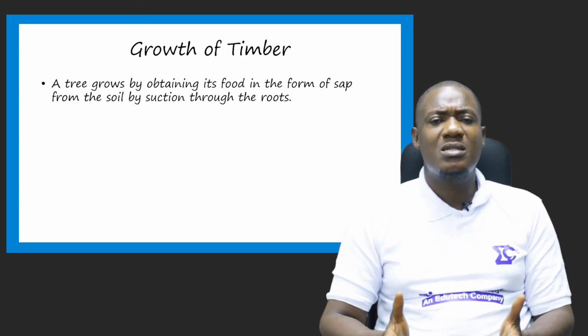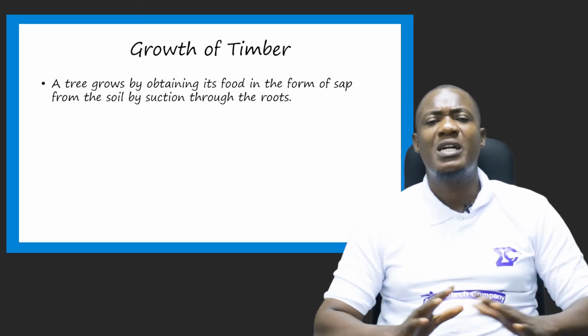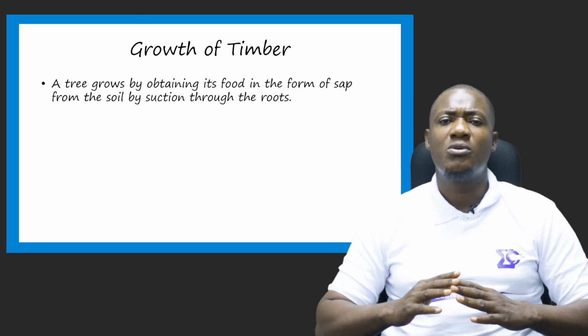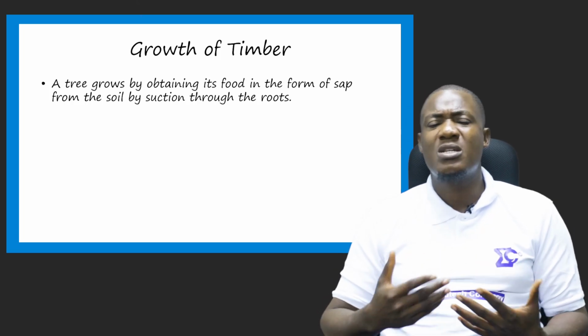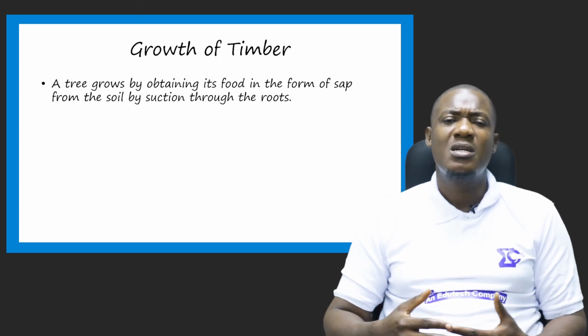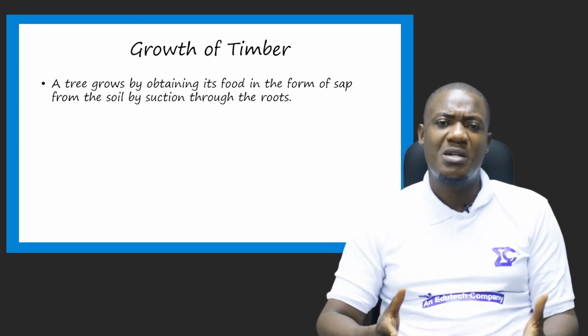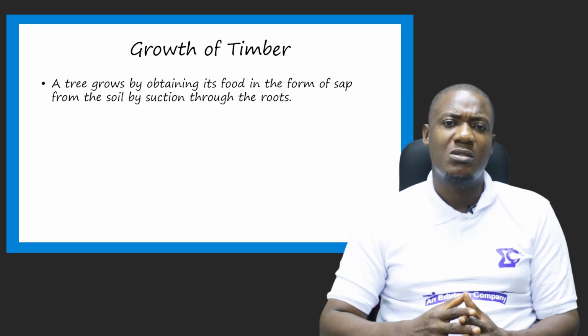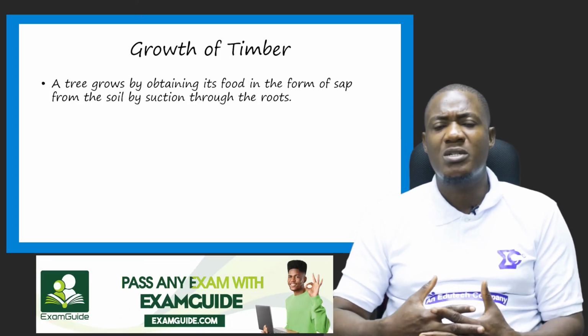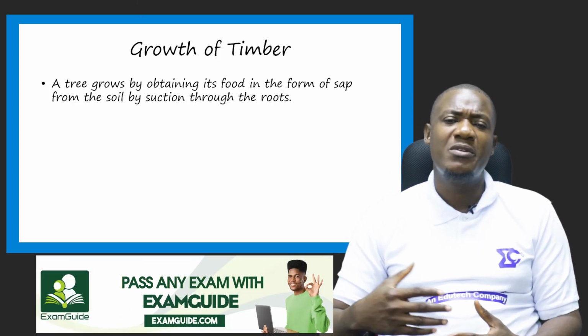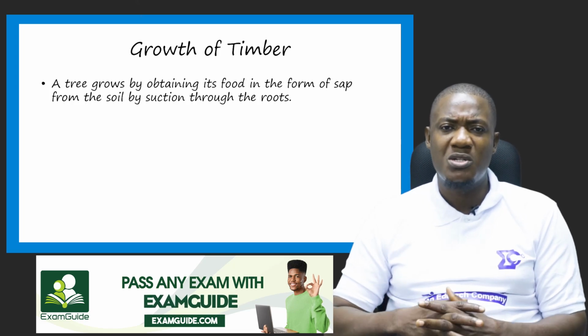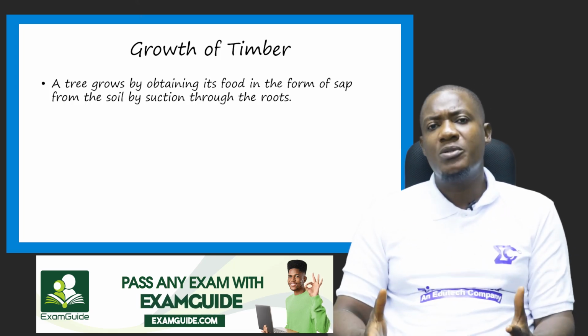The sap contains some nutrients, some minerals, and also water. The tree has its way of removing the water content of the sap through the leaf, through the process we call transpiration.